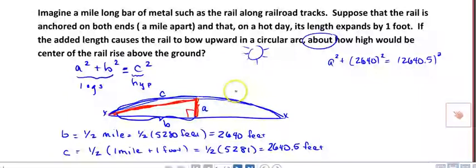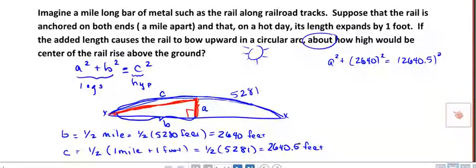So this whole bow is 5,281 feet. But if I cut that in half, that would give me half of this arc, and half of 5,281 is 2,640.5. So I have side C, I have side B.